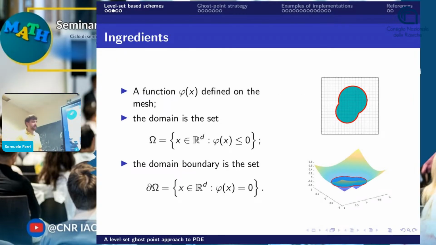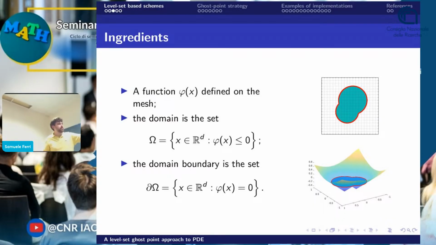The red line can be interpreted as a curve of a higher dimensional surface. With this idea, we split our computational domain in three parts. We have the external part, which is the white one, the internal part, which is the light blue one, and then we have the boundary, which is the red line. The major problem here is how to classify these subdomains.